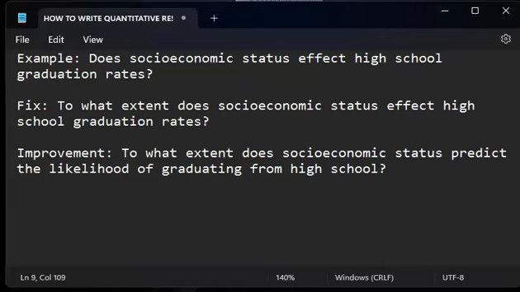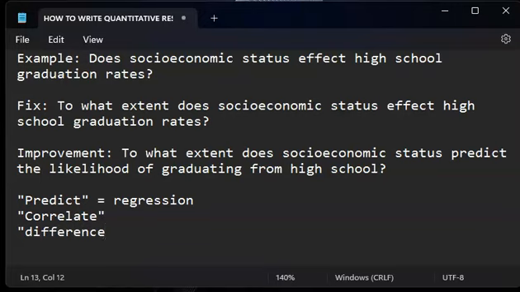The words in them specifically relate to the kind of statistical analysis that you're doing. Predict is specific to regression. The term predict means they're using a regression model of some kind. Other words you might see could be correlate, difference.